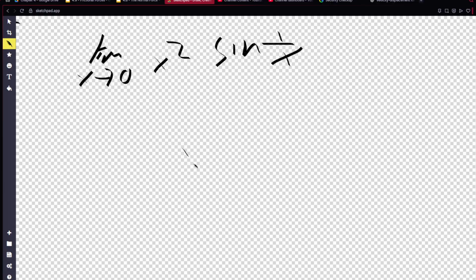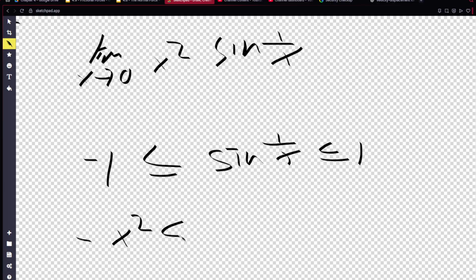So for example, let's say we want to evaluate the limit as x approaches 0 of x squared sine 1 over x. How would we do so? Well, this looks quite complicated, right? But remember that the range of the sine function is between 1 and -1. If we multiply by x squared, this inequality still holds true because x squared is basically a constant, and sine 1 over x is in between.